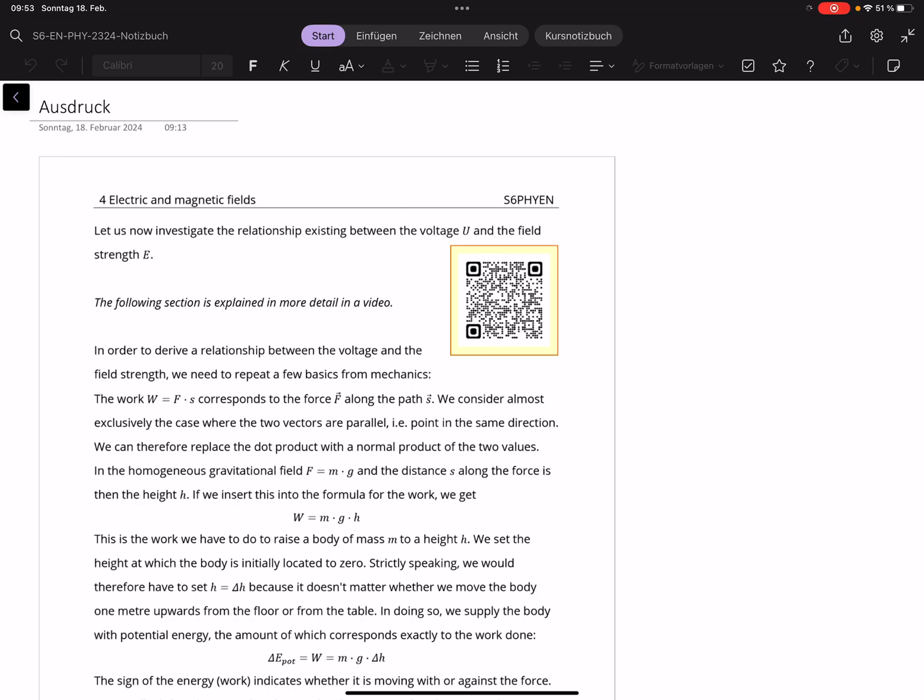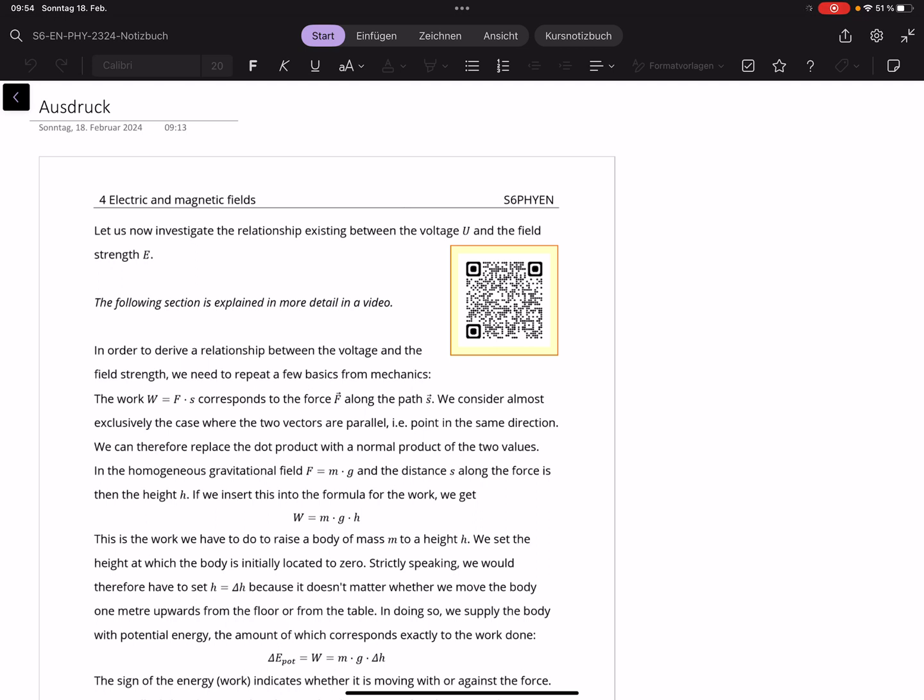Now we need to distinguish between a few different cases. First of all, if, for example, we have a huge charge that is creating the field, and then we have a comparatively small charge that we call sample charge.